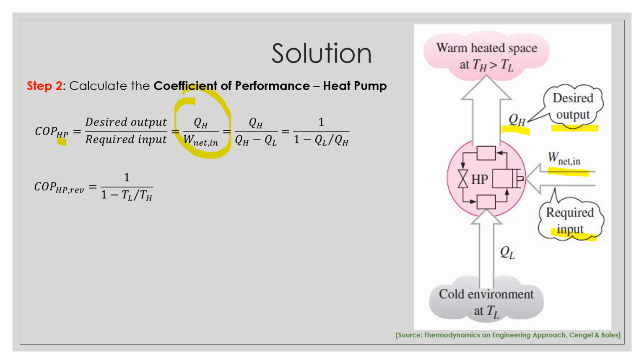And then knowing the Carnot, we can use the relationship between the Q and T or heat and temperature. So we can substitute the QL for TL and QH for TH. Bear in mind the remark of the reversible refers to the Carnot.